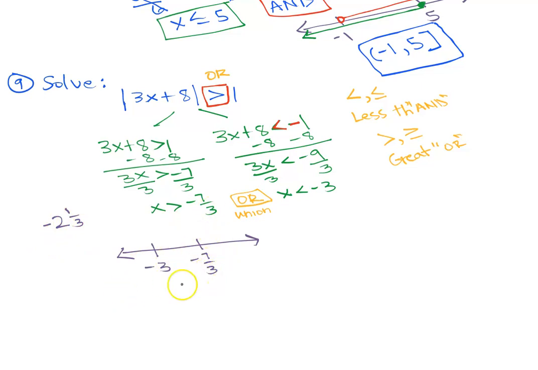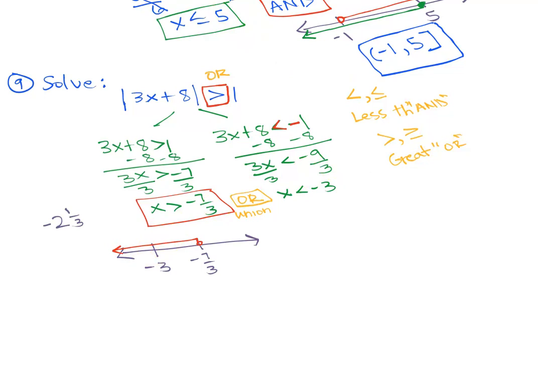That's just helping us know which way it should be on the number line. Now let's graph these. Greater than -7/3, all the stuff greater than it: open circle, and the stuff to the right.